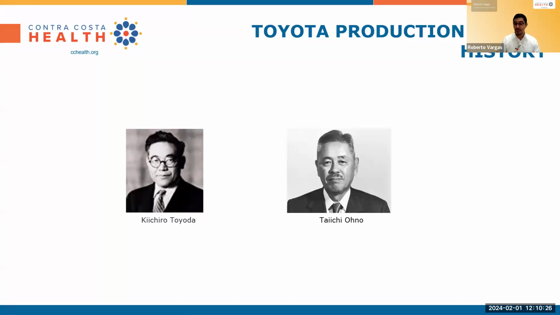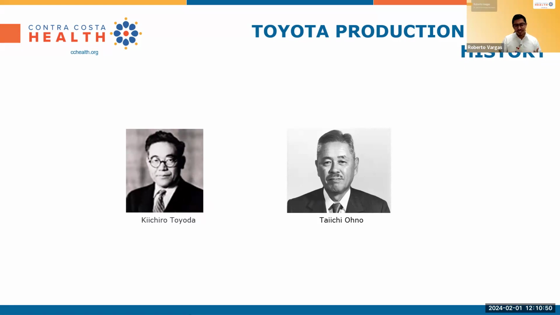So as we all know, Toyota cars, Toyota. It comes from the family name Toyoda with a D, and represented here, Kiichiro, is the son of the original founder of Toyota Industries Corporation.